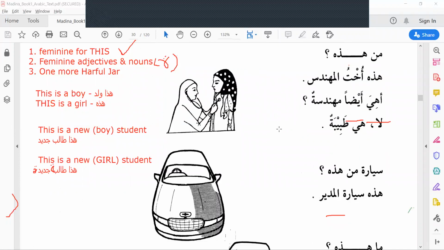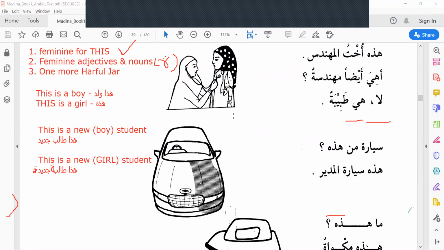How do we identify irrational things as feminine? If any irrational noun ends with ta, then we call it feminine. Sayyaratu. Sayyaratu man. Yesterday we practiced, right? Sayyaratu man means whose car is this?